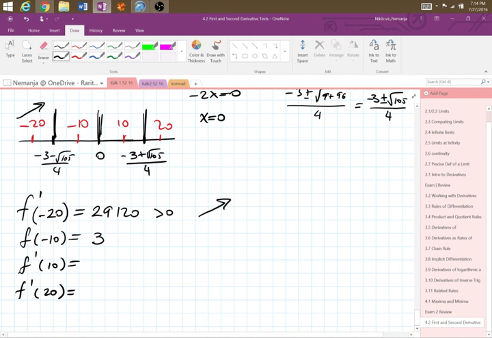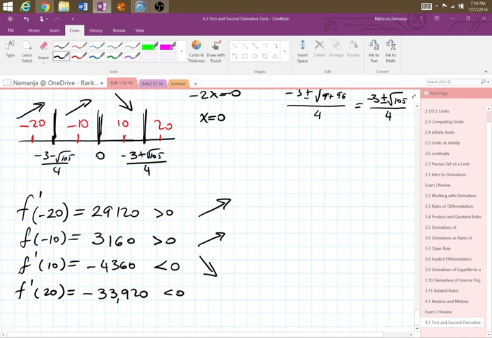Again, positive value, so still increasing. Then positive 10 is negative 4,360, which is less than 0, so now we have a decrease. And the last one is with 20, which is negative 33,920, less than 0, which is another decrease.